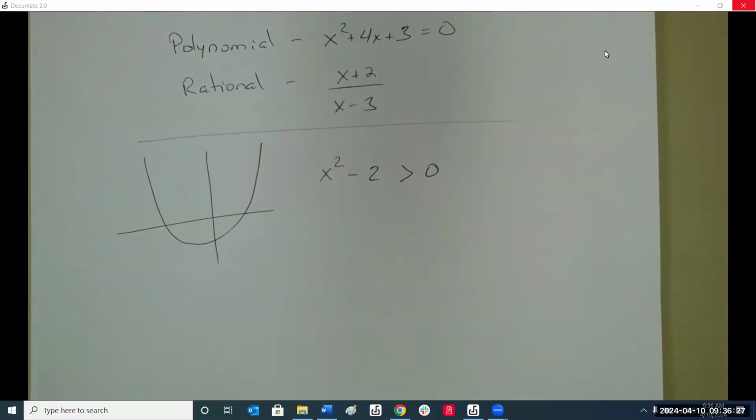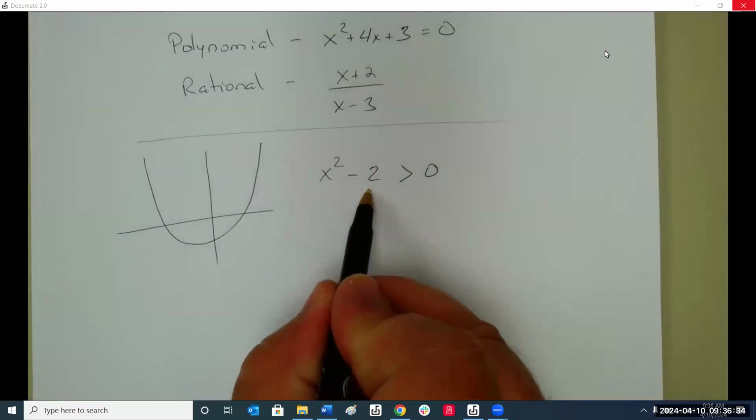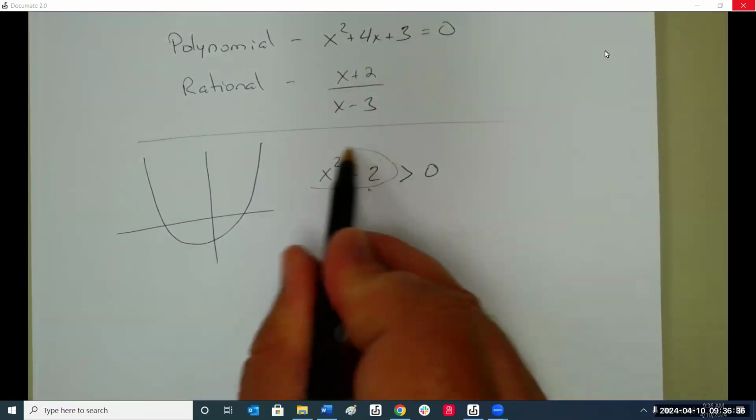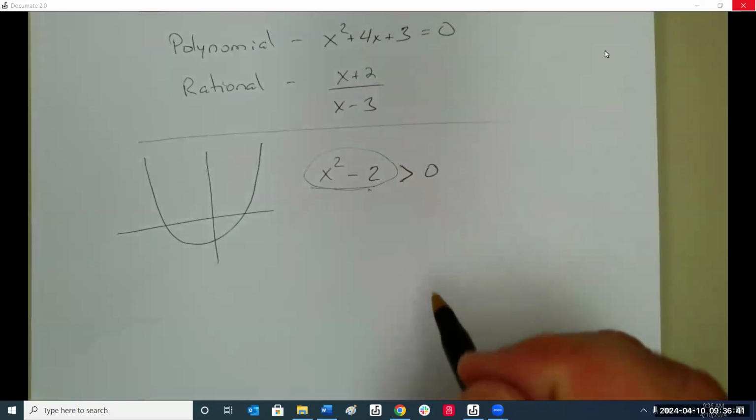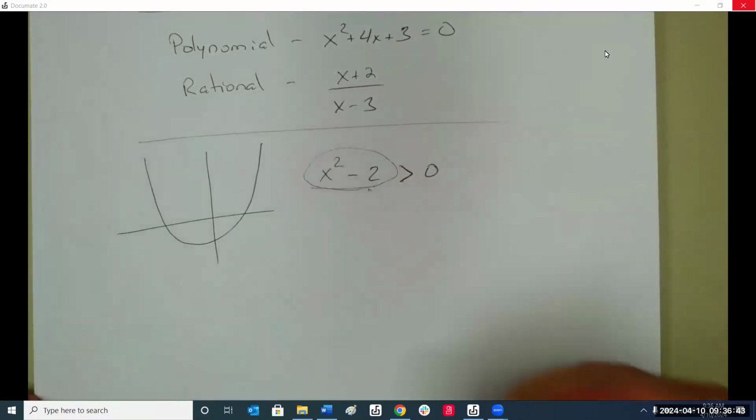What we're going to be looking for now are interval answers. For this one, I want to know where this function is positive, where it's above the x-axis. That's all we're doing, looking above and below the x-axis.